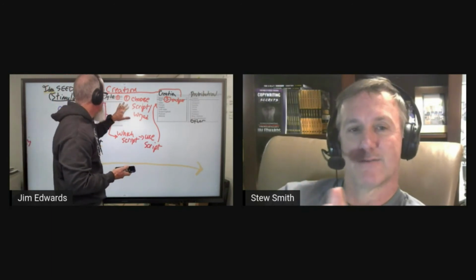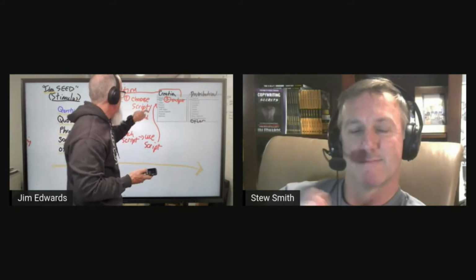We've got 10 different angles. We've got, let's say, 50 scripts. We've got 8 different outputs. That's 20,000 different combinations. And then distribution and everything else, let's say there's 10. That's 200,000 different combinations. You just blew my mind.